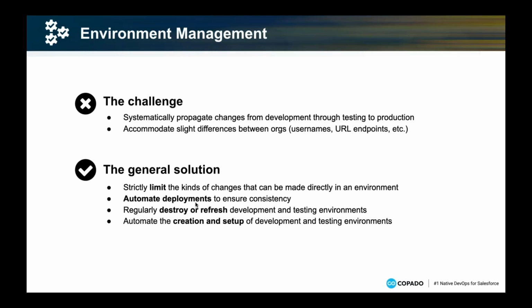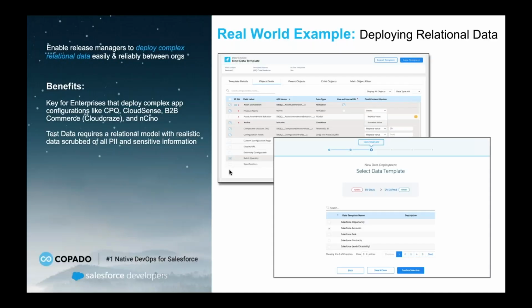Ideally, being able to regularly destroy or refresh those environments to ensure you can bring everything back to a consistent state. We understand that there's reasons why that's really challenging today sometimes. And so that's one of the things that Copado helps do, is basically synchronizing changes across those environments. So it's a little bit easier if you do want to refresh the orgs.